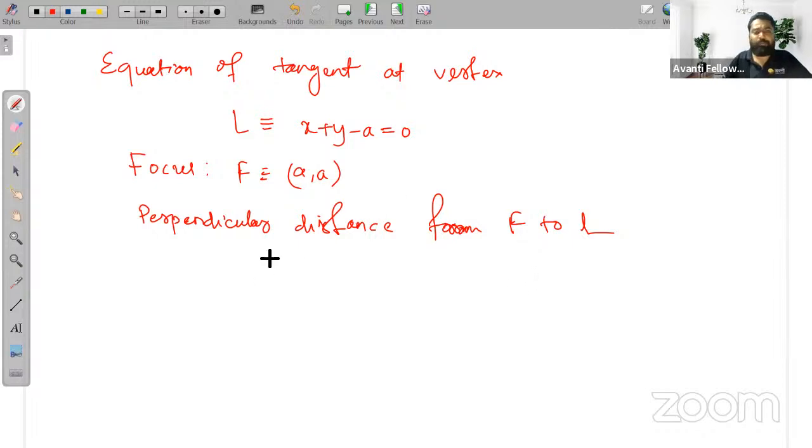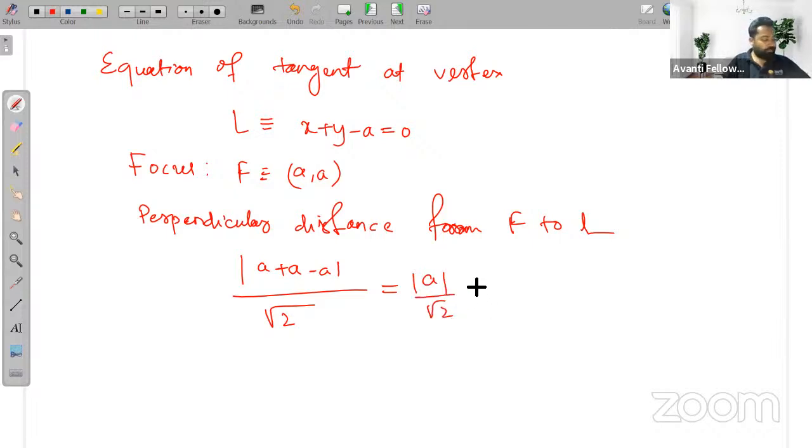Just apply the formula, mod of ax1 plus by1 plus c over root of a squared plus b squared. So it will be mod of a plus a minus a over root 2, which is mod of a upon root 2. Yes or no?